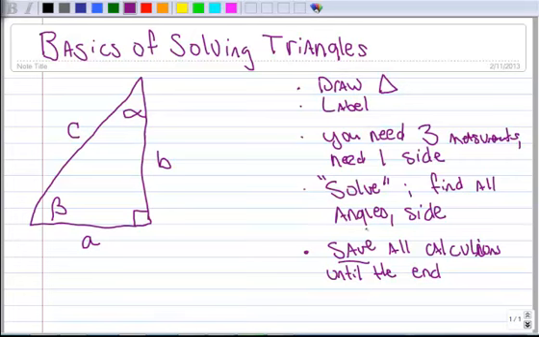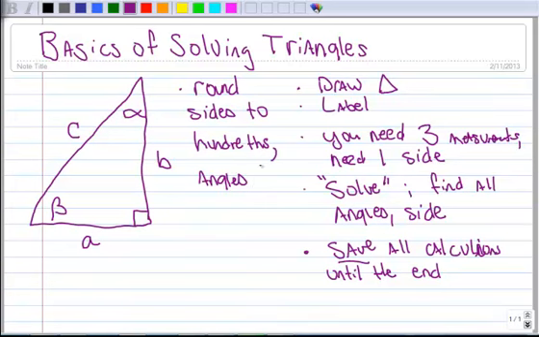So here's some other common rounding. Unless otherwise specified, we are going to round our sides to hundredths, and we're going to round angles to the 10th place, unless otherwise specified.